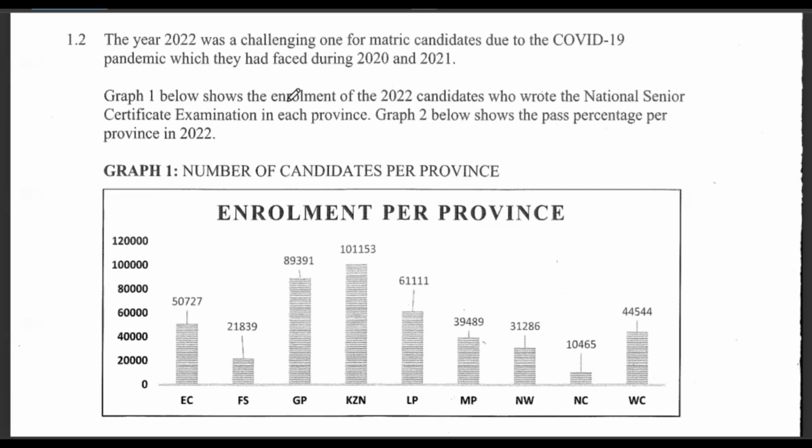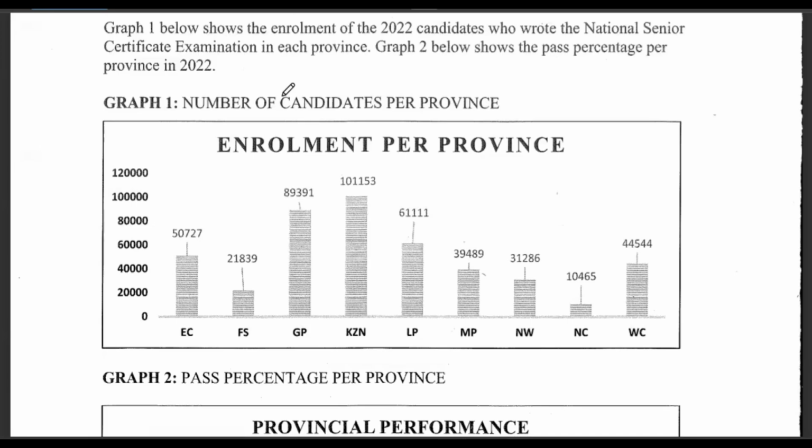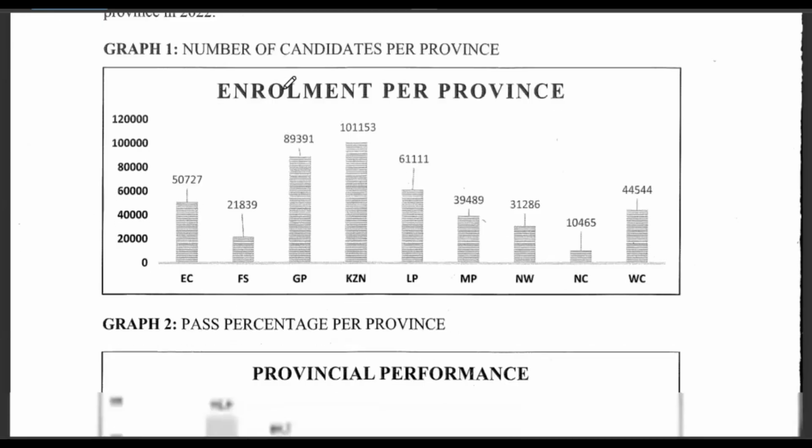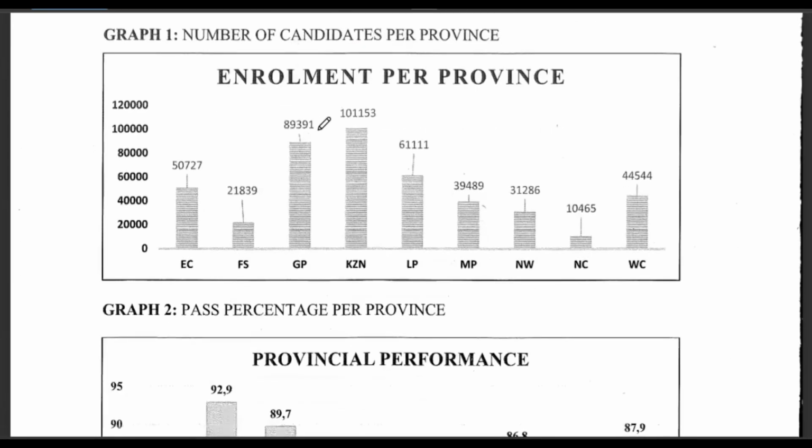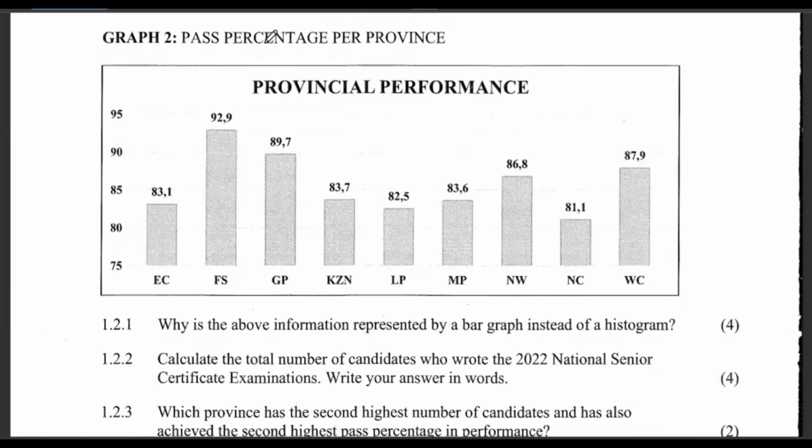Graph 1 below shows the enrollment of 2022 candidates who wrote the National Senior Certificate examinations in each province. Graph 2 below shows the pass percentage per province in 2022. So there we go: enrollment per province, and then the pass rate per province.